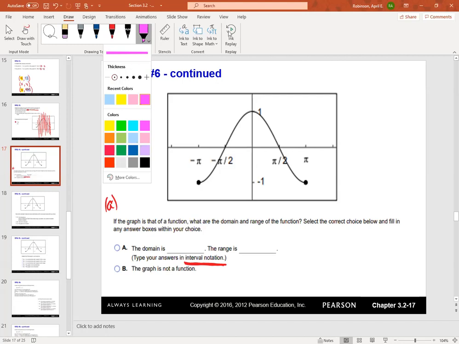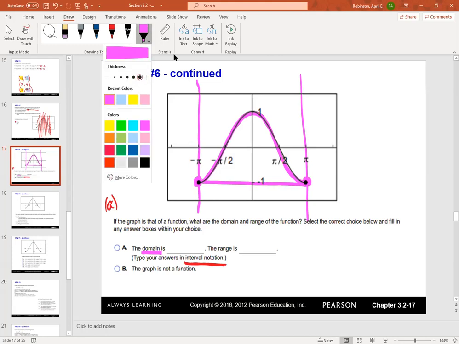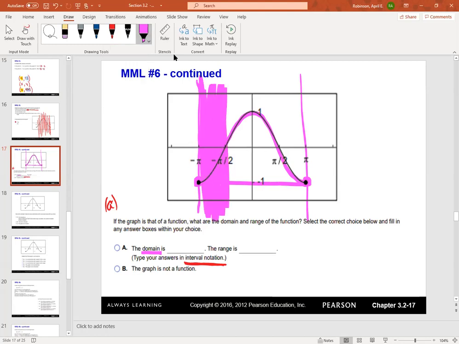Remember that the domain goes from left to right. My graph goes from left to right all along here. So it starts right here and it goes to here. All of this is my domain. My domain goes left to right.